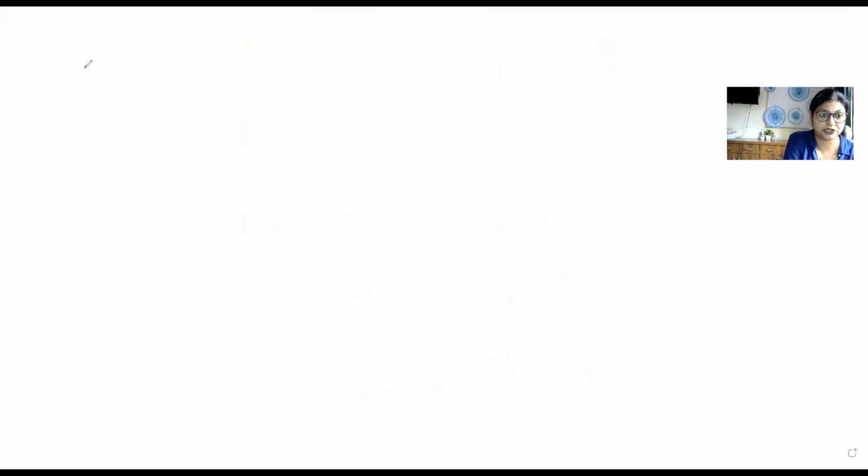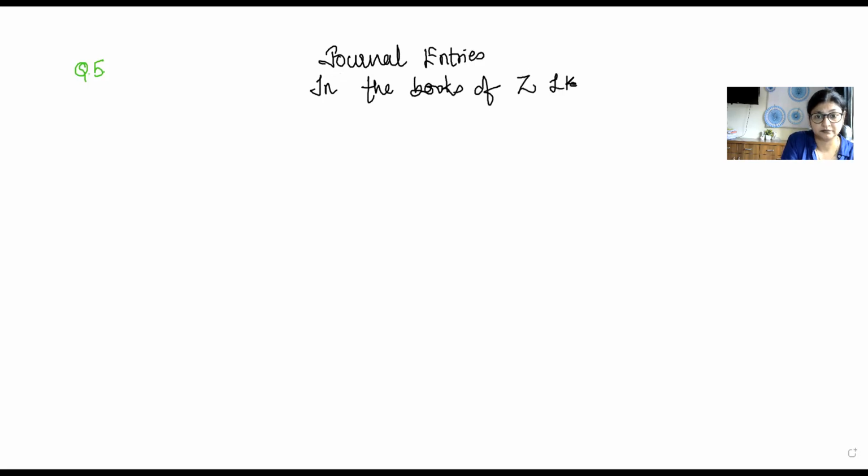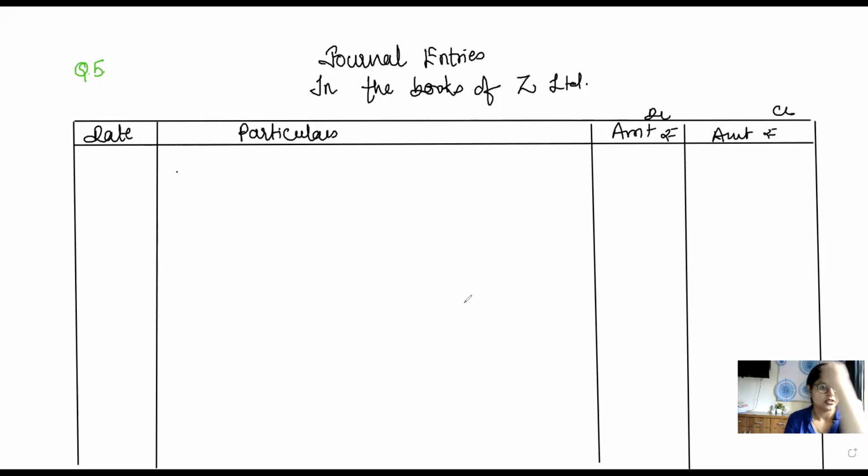So let us solve this question. This is our question number 5. Journal entries in the books of Z Limited. The first entry we will pass is of purchase of plant and machinery.